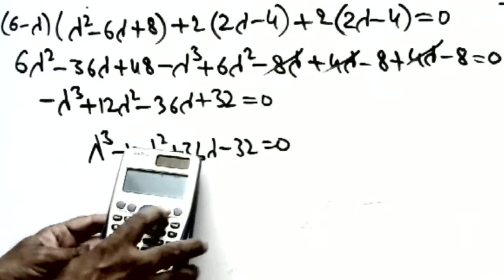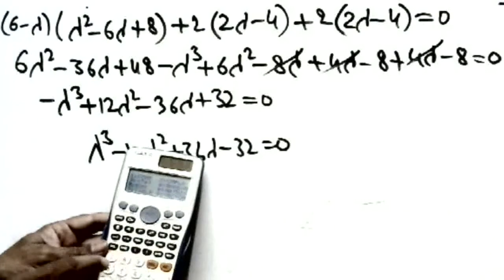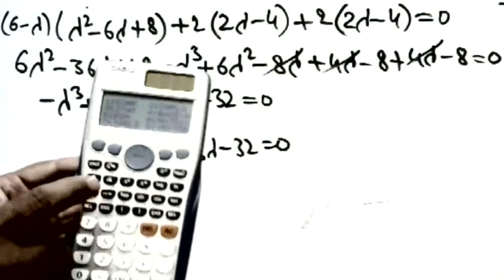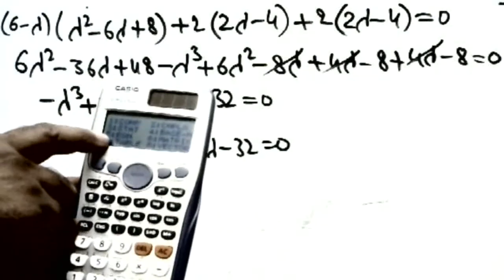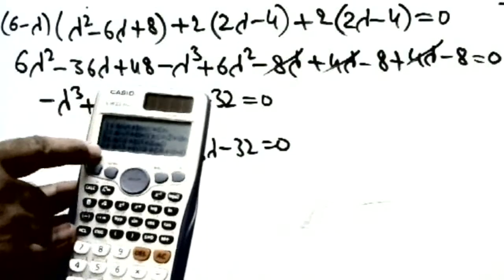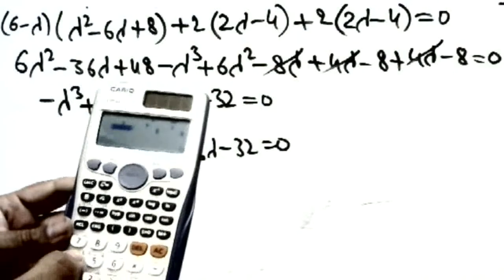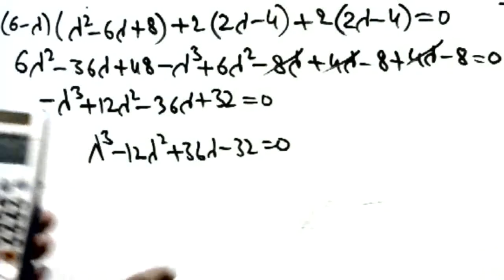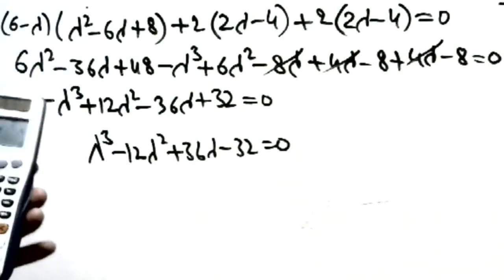Now see, this is the calculator I am using. First you press mode and you will have a few options. The fifth one is equation, so press 5. In equations, the fourth one is cubic equation. Now you write the coefficients.